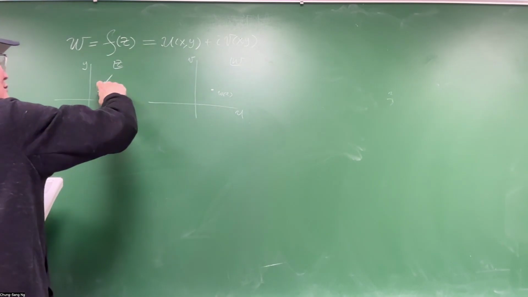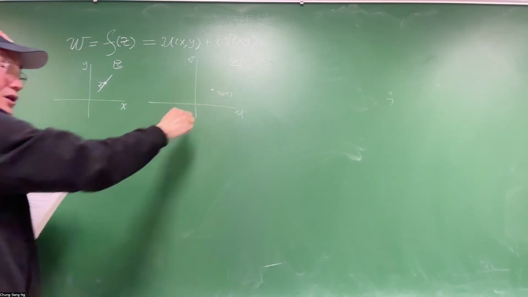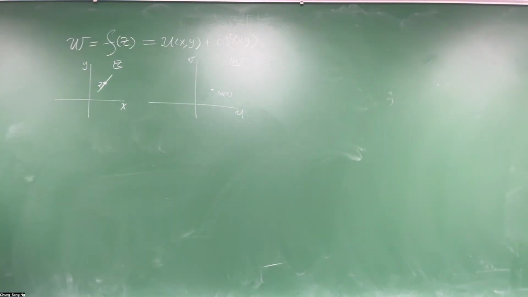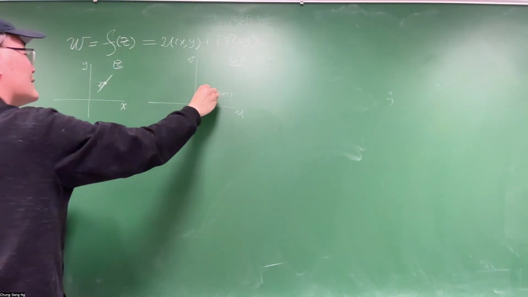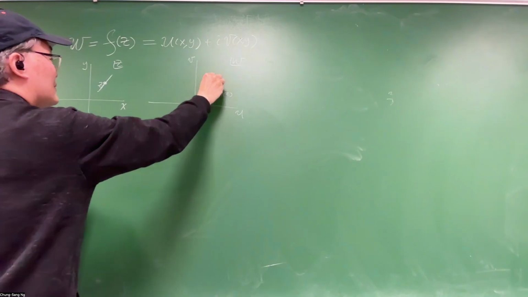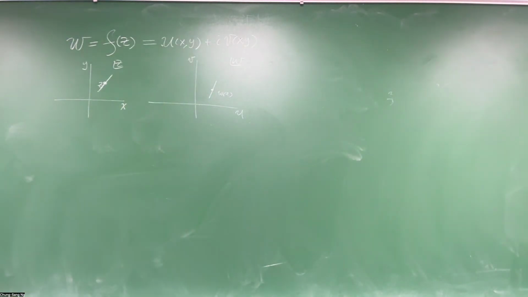Z maps to W. This line will map, obviously by continuity, because all these functions are assumed to be continuous, analytic functions, right? We're talking about analytic functions. So it maps to straight lines, right?